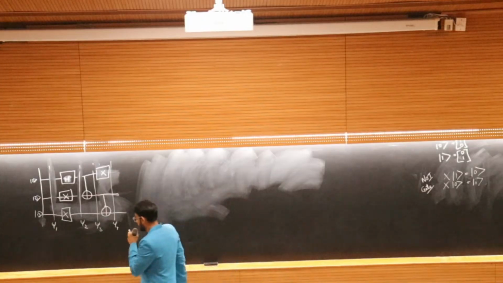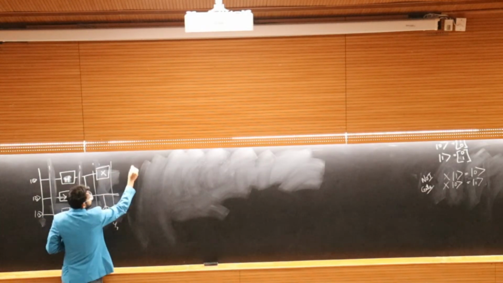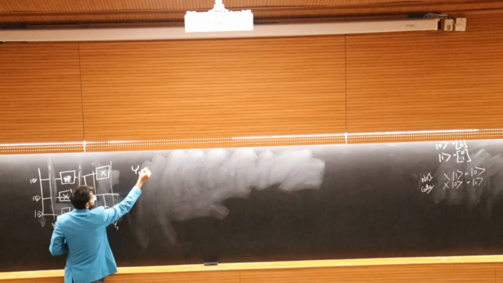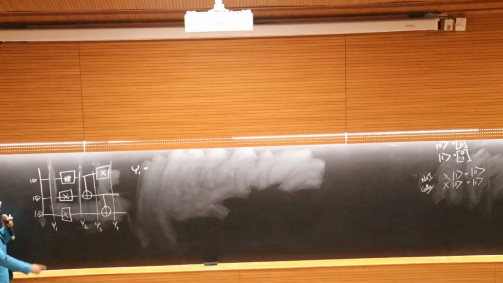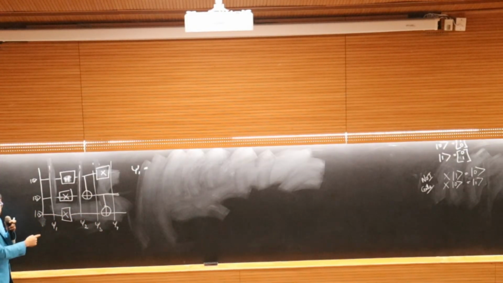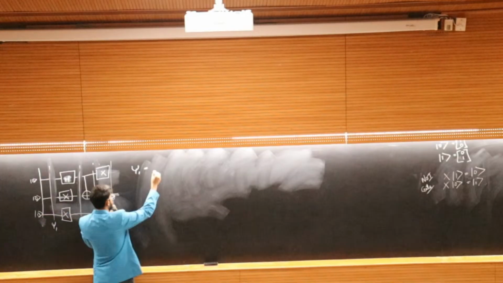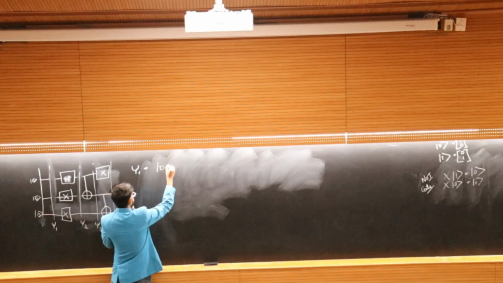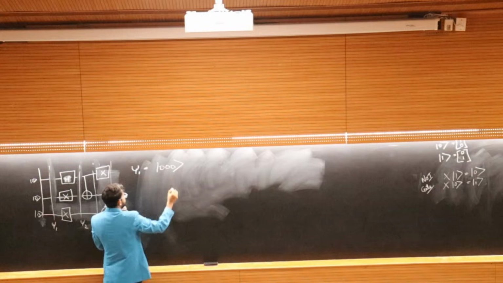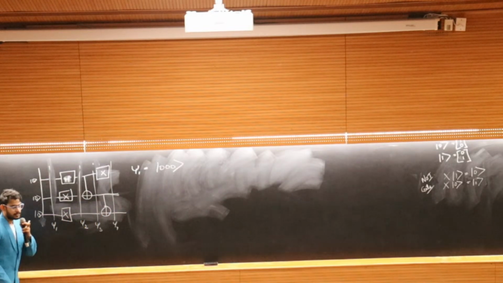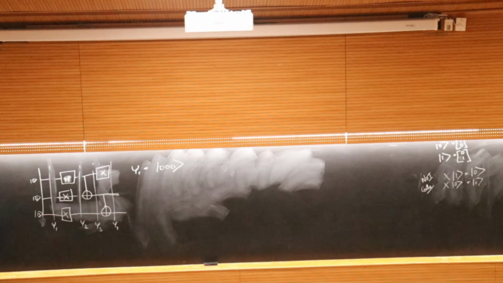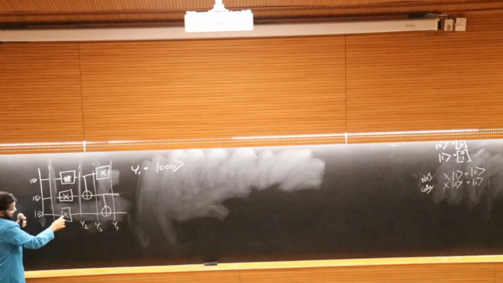So I'll try to solve this now. You can see psi 1 here: we started with all 0 values, so my psi 1 should be equal to 0, 0, 0. Any doubts here? In the next step, there are 3 gates between these.